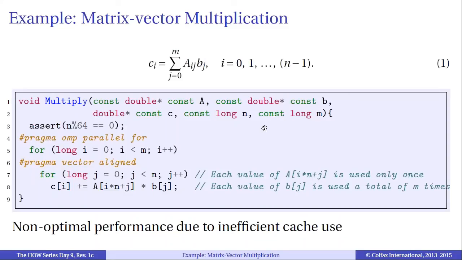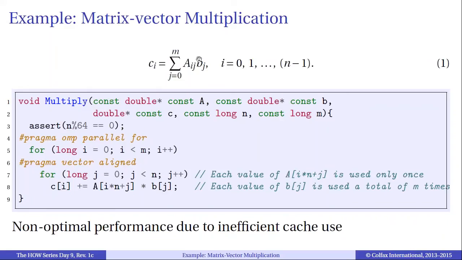So let's pretend we are doing matrix vector multiplication. Our matrix is A, we are multiplying it by vector B, and the result is C. So A is rectangular, it has shape n by m, so it has m rows and n columns. And I can write a function that takes matrix A and vector B as inputs, and it returns vector C as output.